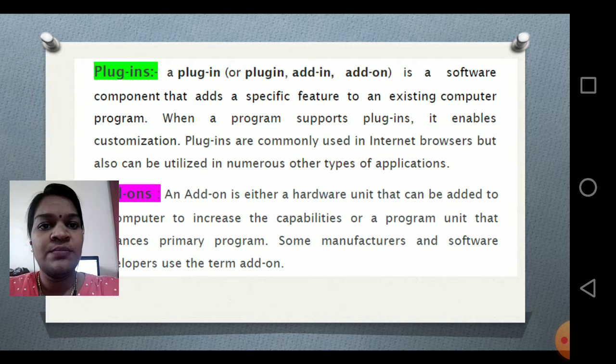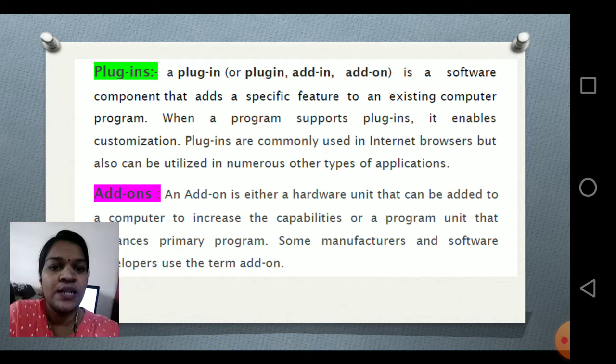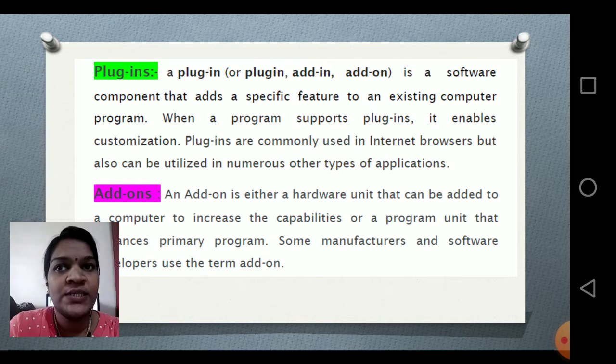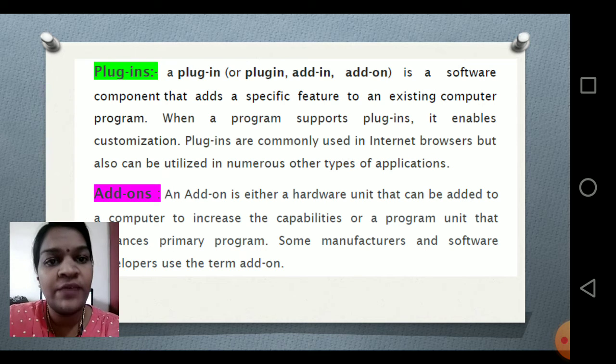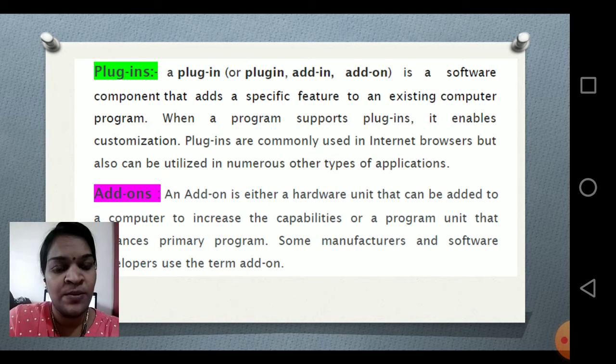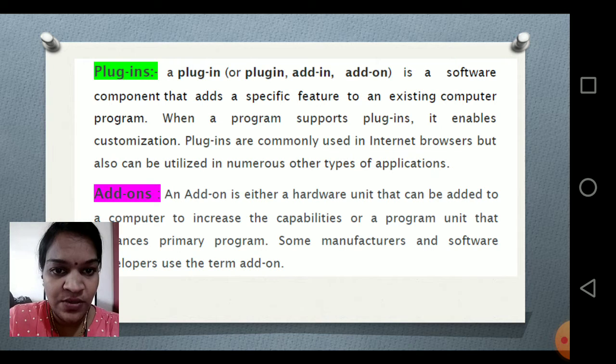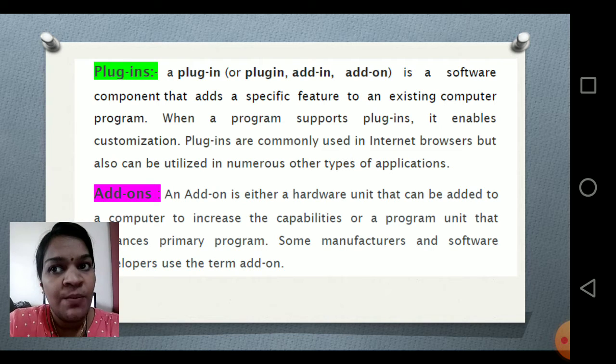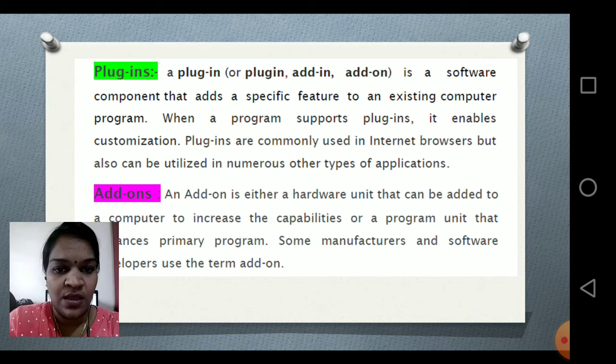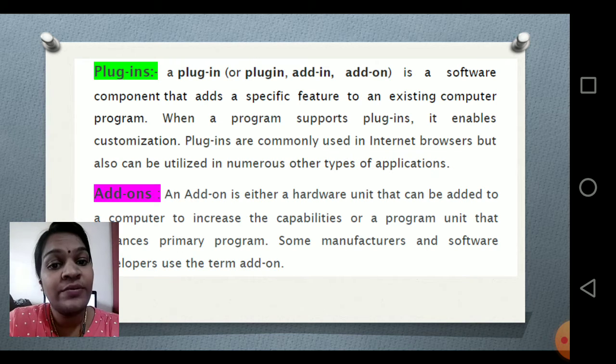There are some additional topics: you may have heard of the terms plugins and add-ons. Normally, when you get your system or any software, it gives you some basic operations. But if you want something extra, you need extra software.